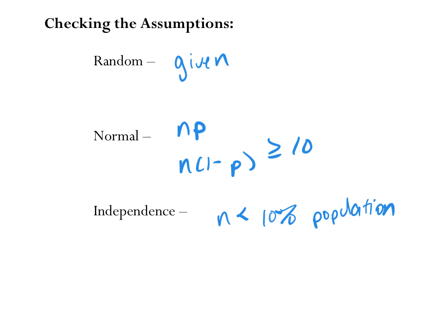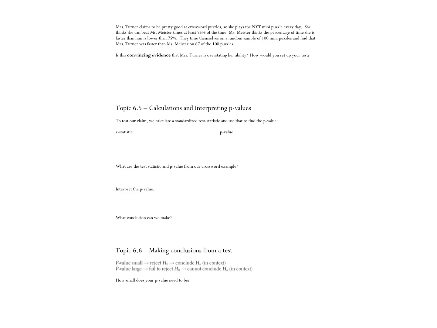Now we're doing all of our calculations based on a hypothesized value for P, because we're assuming the null hypothesis is true. My null hypothesis is that P is equal to some value. So now when we check our normal condition, instead of using p-hat, we're using the P from the null hypothesis. When I say P sub 0 here, that is P null, just like H0 is H null, the null hypothesis. Null meaning nothingness, zero.